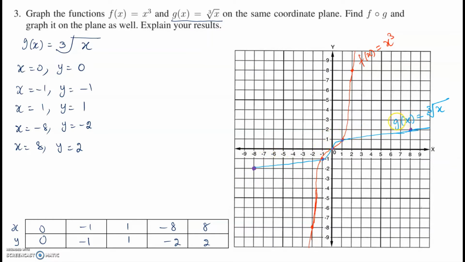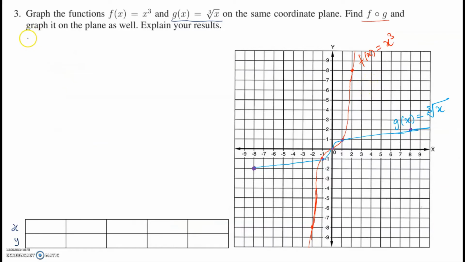Now let us see what happens when we do f composite with g. f composite g of x is nothing but f of g of x, which will be equal to f of cube root of x.